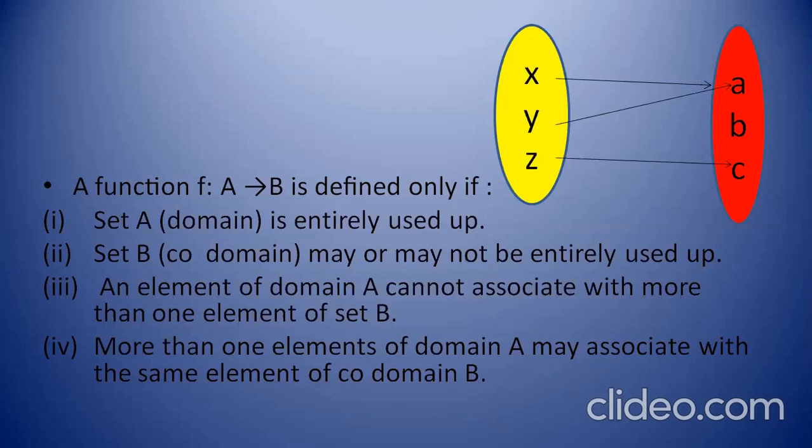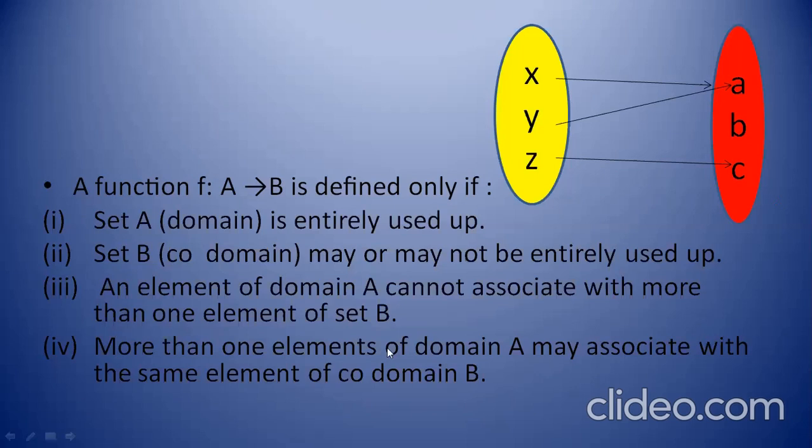So we can see x and y both show the same image a. So that verifies the fourth point: more than one element of domain A may associate with the same element of codomain B. So we can say this represents a function.